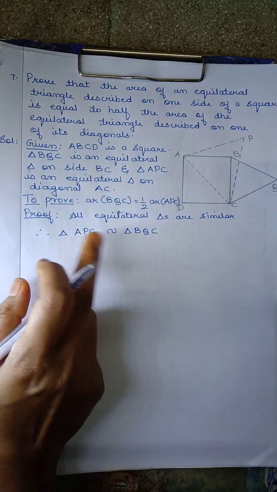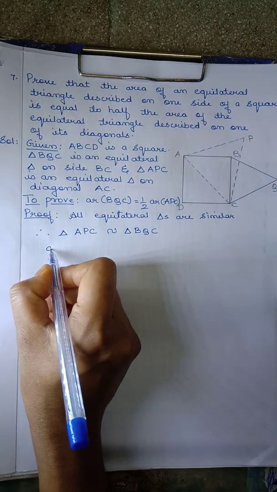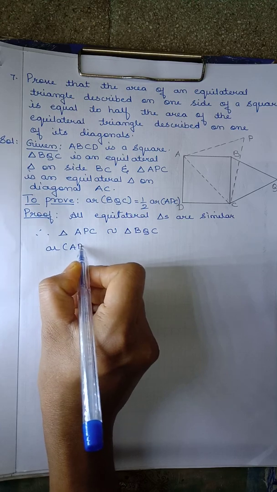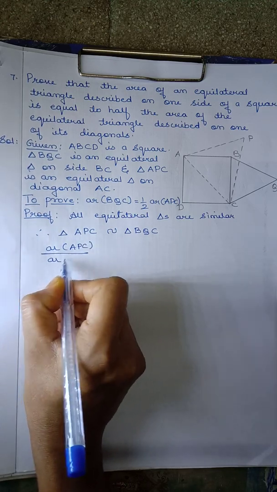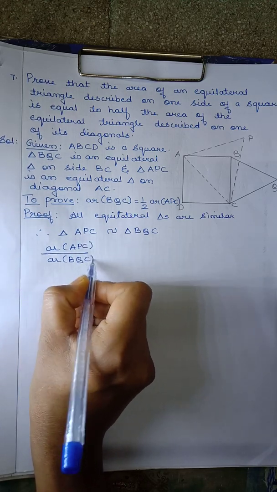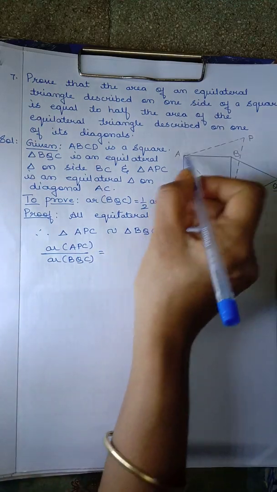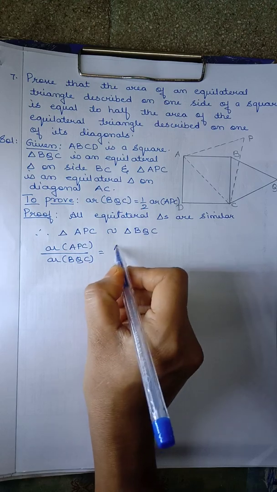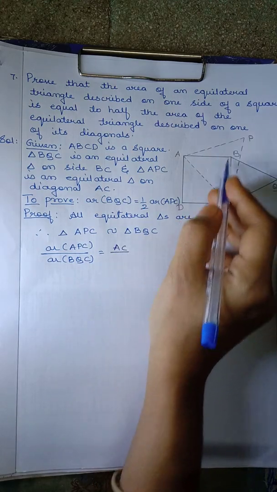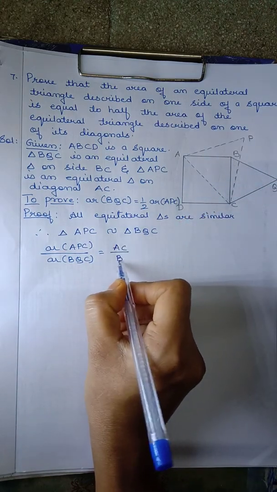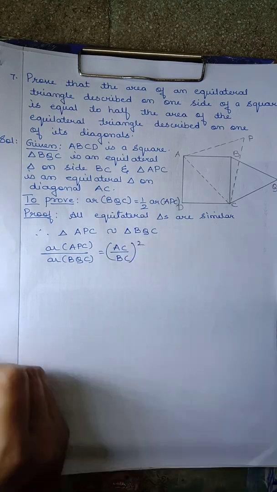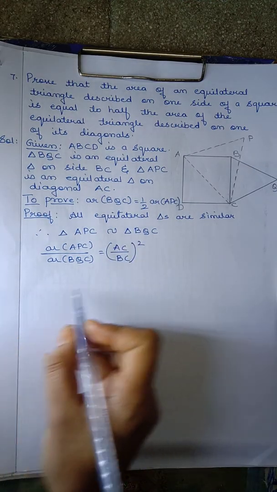Now when the triangles are similar, the ratio of the areas of the two triangles will be equal to the ratio of the squares of their corresponding sides. So we will take AC of triangle APC, the base AC, upon BQC triangle base BC, whole raised to square. Okay, this is by the theorem.